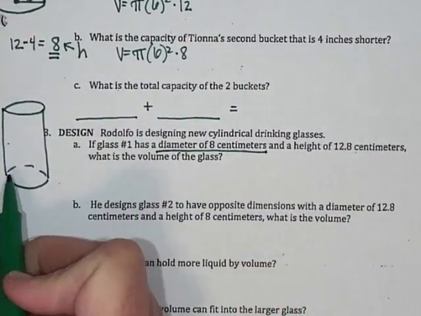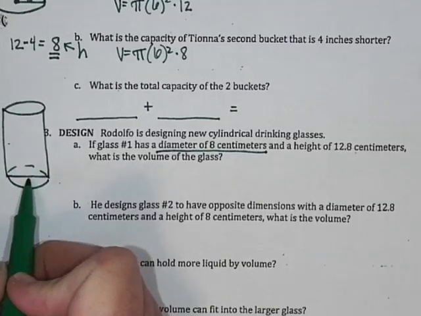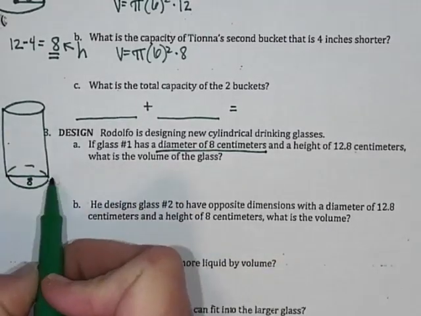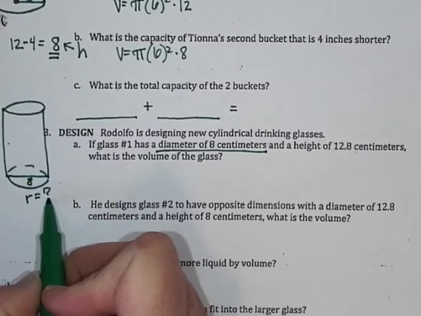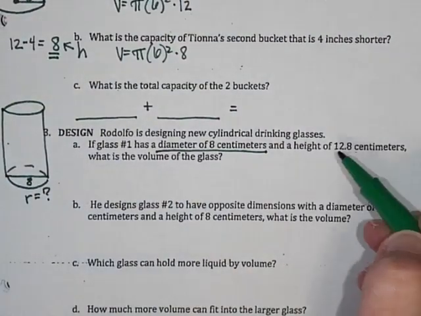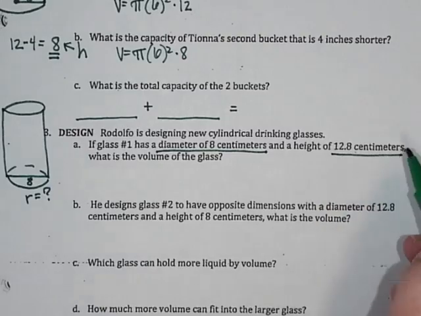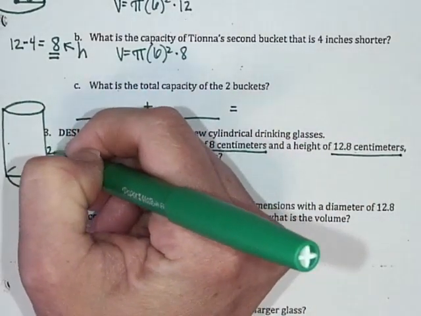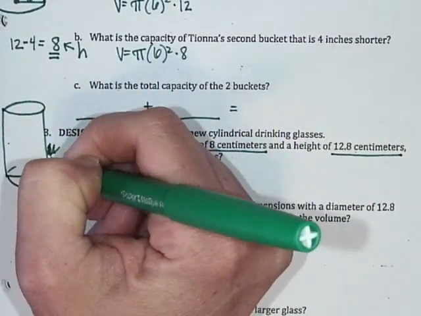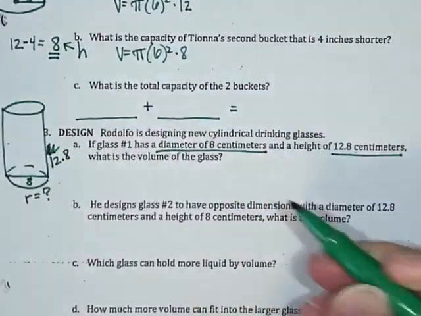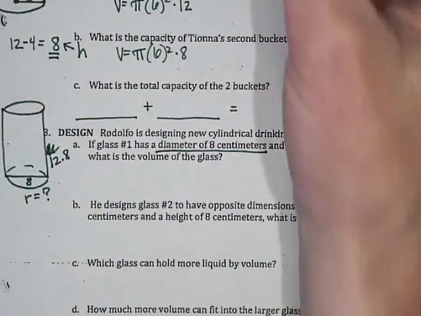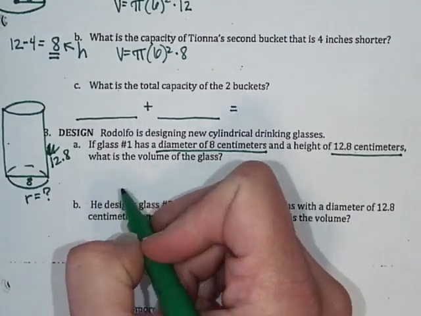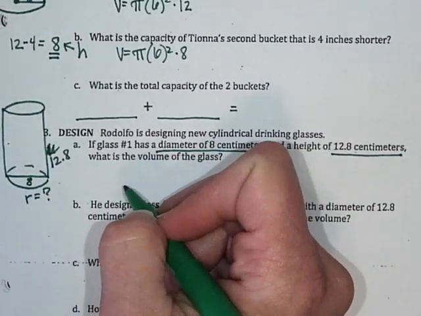So what does that mean? All the way across is 8, right? So if all the way across is 8, what is r going to be equal to? And then a height of 12.8 centimeters. Whoops, I wrote that wrong. Try again, 12.8 centimeters for the height. And then you're just going to use your equation. Use your volume equals pi r squared times height to set that up.